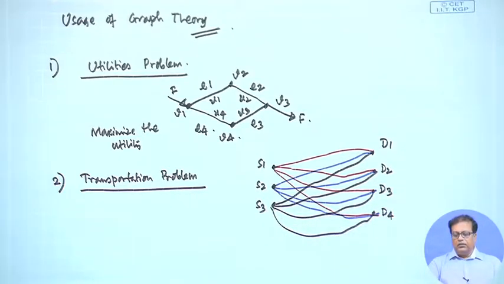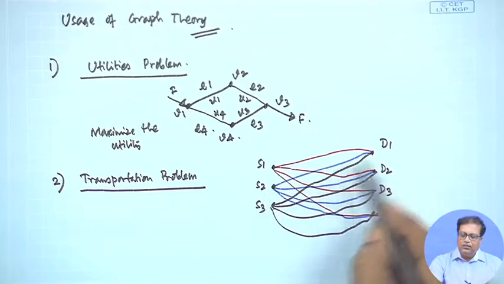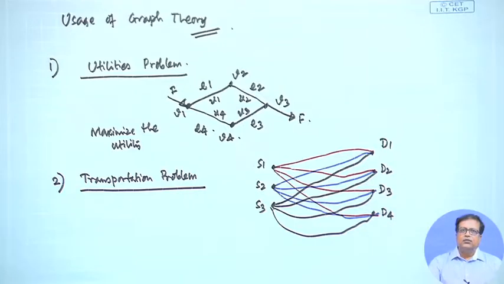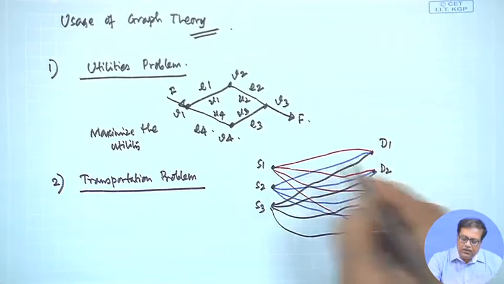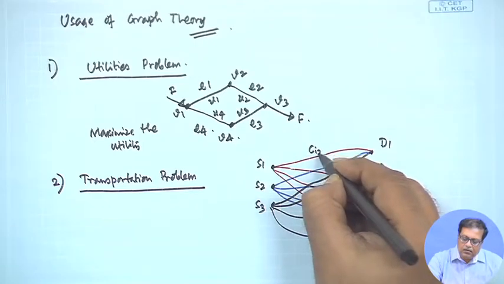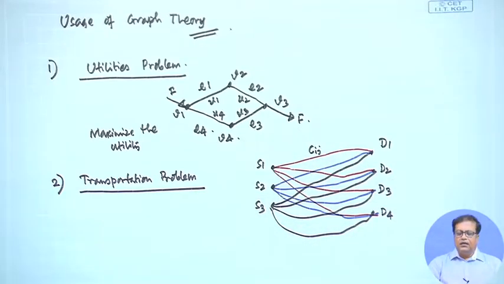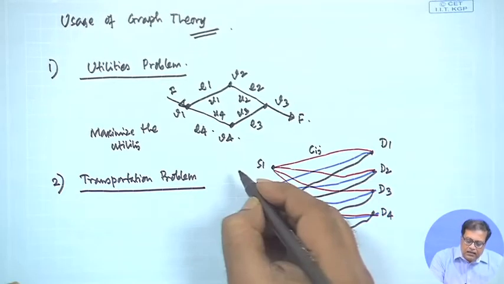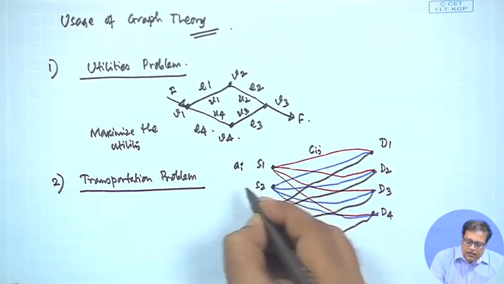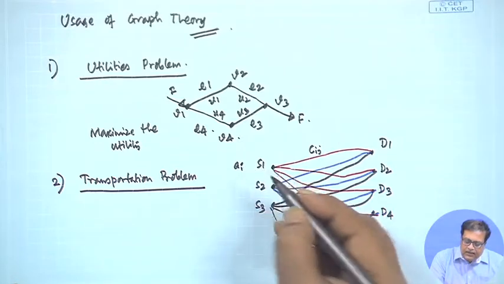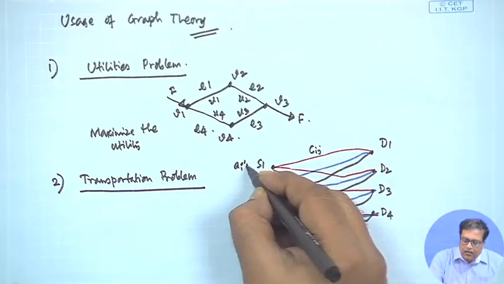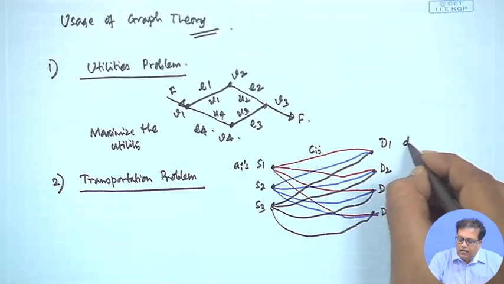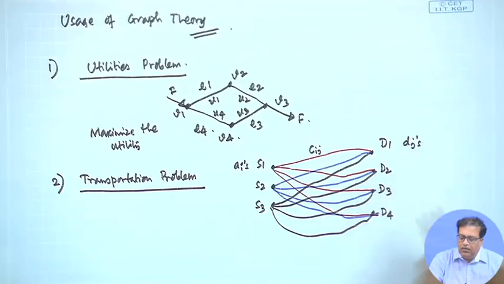right. So, you see that from these 3 sources we have to send materials to these 4 destinations, and each of these paths has a certain amount of cost, and at each of these sources there are some availabilities, and here there are some demands.